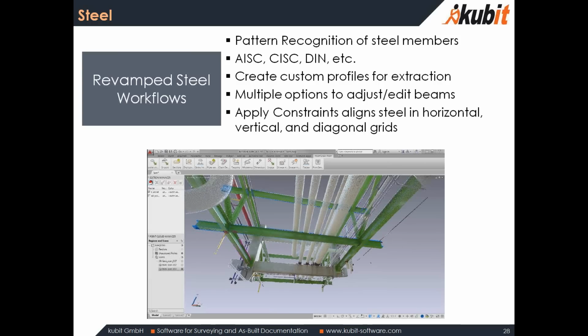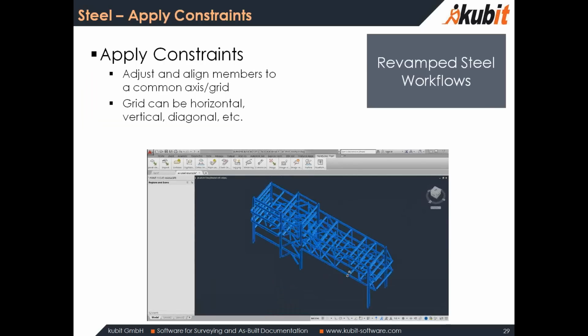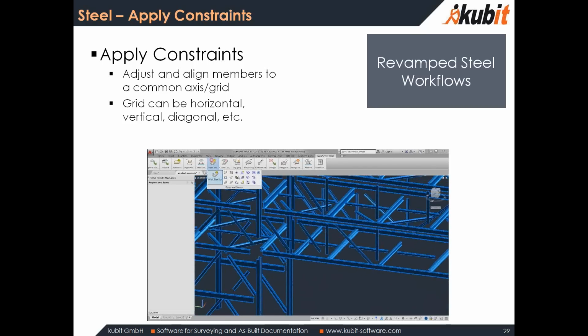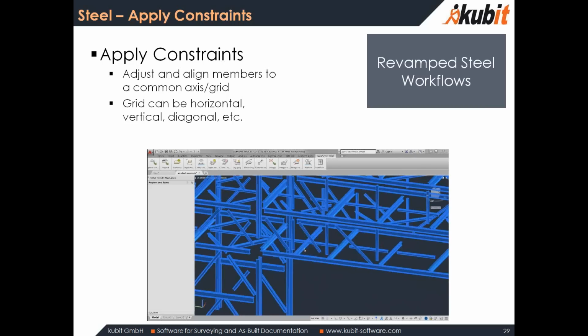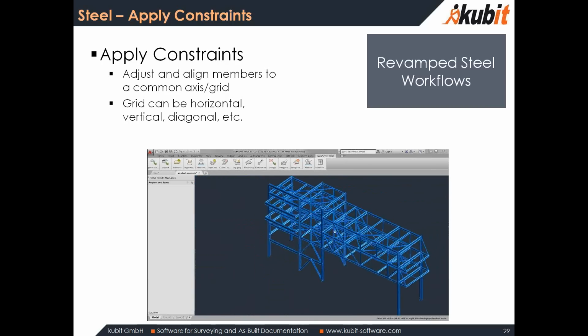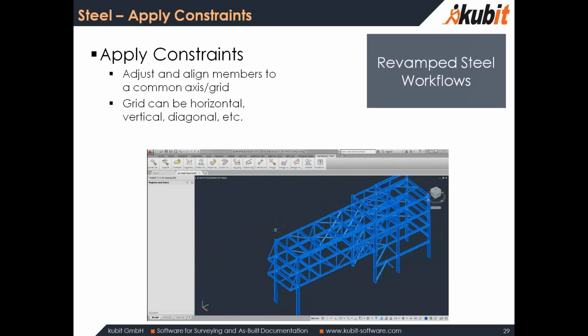Now, apply constraints, we'll talk about in this here. It basically aligns all the pieces of steel to a grid. And this is an actual example sent to us from a customer, all kinds of steel in here. And then you just set a tolerance and then choose all the pieces, and you see all of the center lines line up to each other. So as long as they're within that tolerance, we believe that they will be connected, or they should be connected, and then you can create your vertical, horizontal, or diagonal grid.